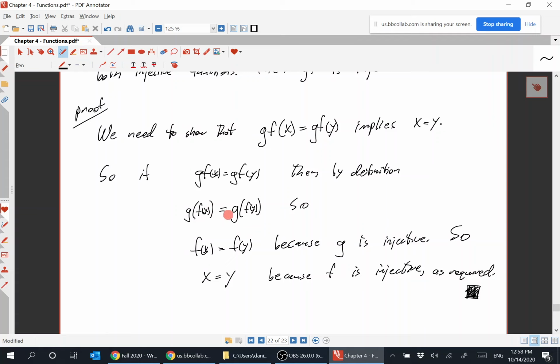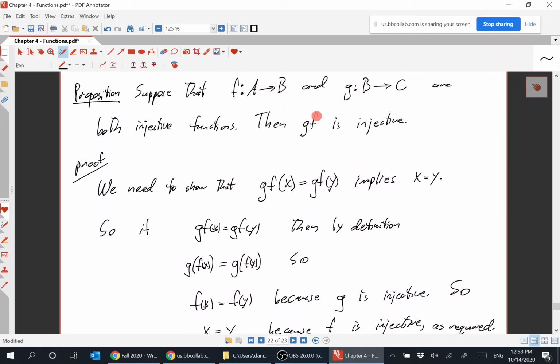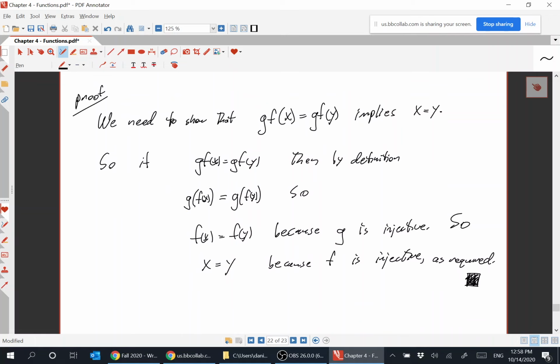But g is an injective function, so when g of this is equal to g of that, this is equal to that. So then f of this is equal to f of that, so this is equal to that again. And that's what we wanted to show.